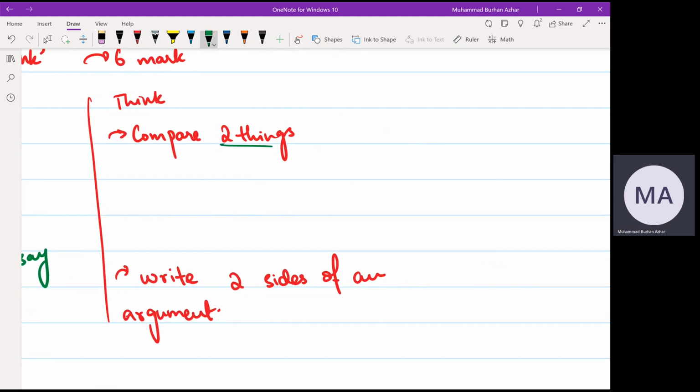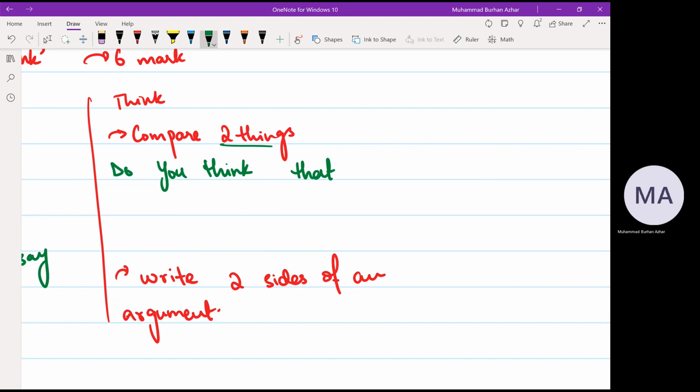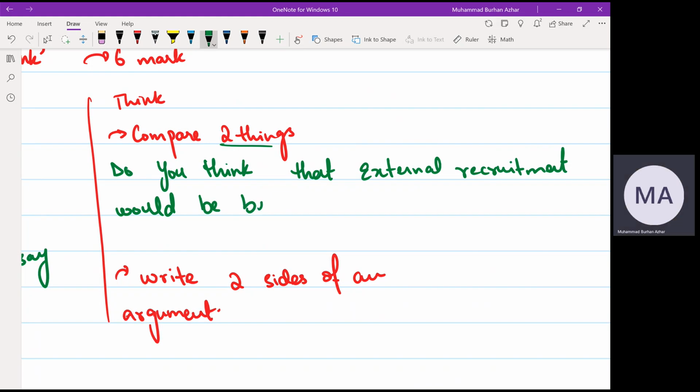अगर एक comparison दो चीजों के दरमियान का comparison है, तो इस तरह का question आ जाएगा कि do you think whether do you think that external recruitment would be best for, let's say, a manufacturing business?